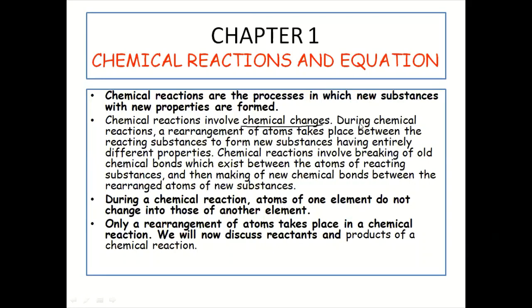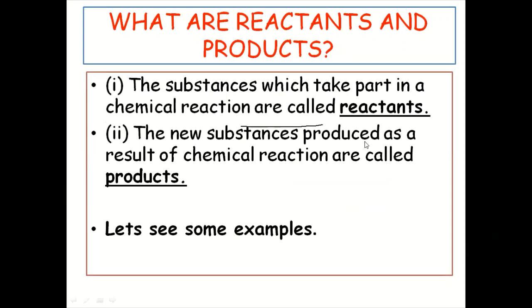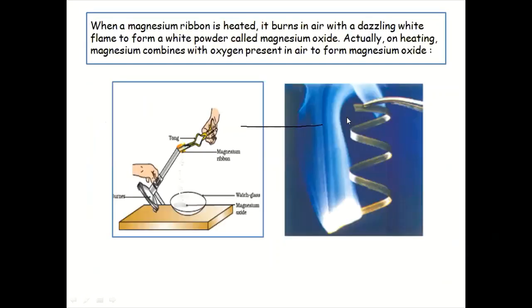Okay, now let's discuss with some easier examples. One of the very famous examples of a chemical reaction is when we burn magnesium ribbon in presence of air. So this is a magnesium ribbon.